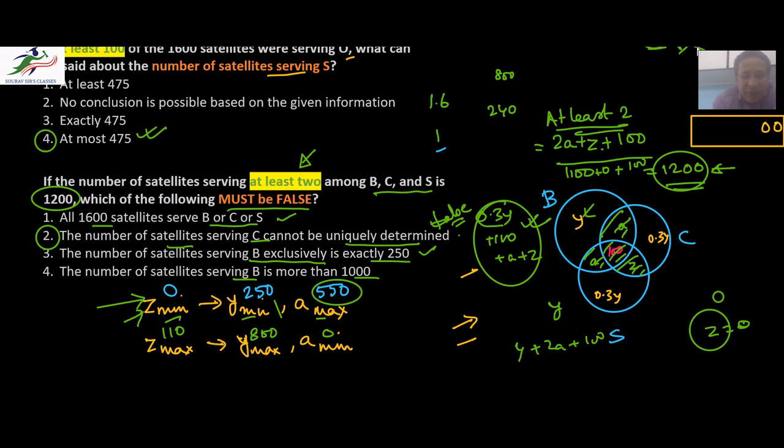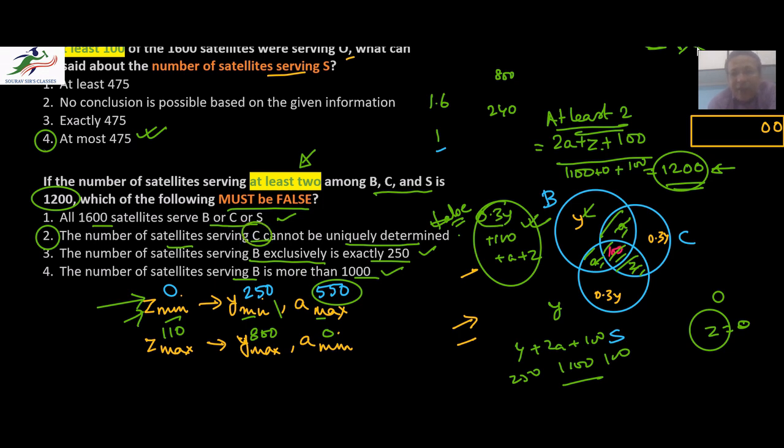And here we have A as 550, so 1100. Y would be 250 and 100. So this is more than 1000. So this is also true. So number 2 is false because we can find out the value of the number of satellites serving C.